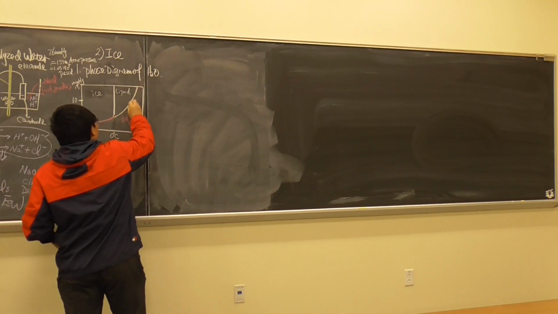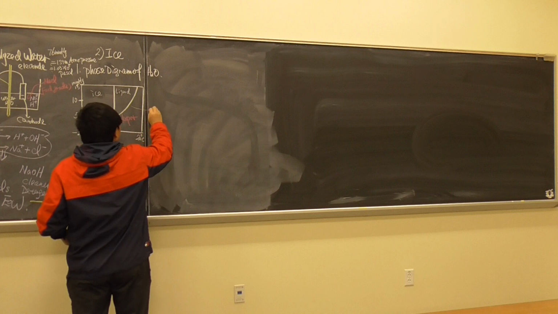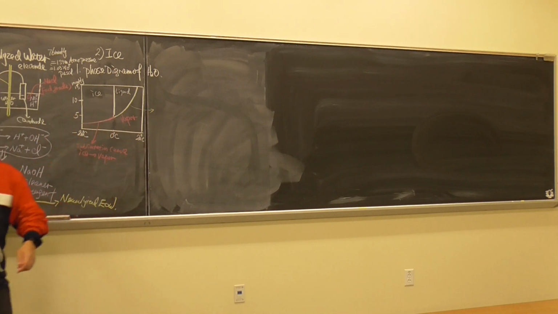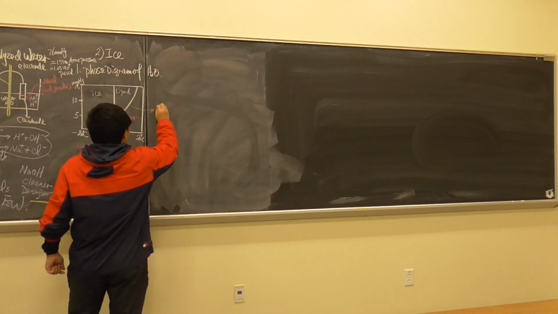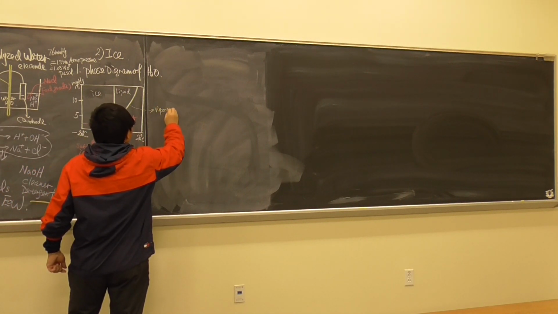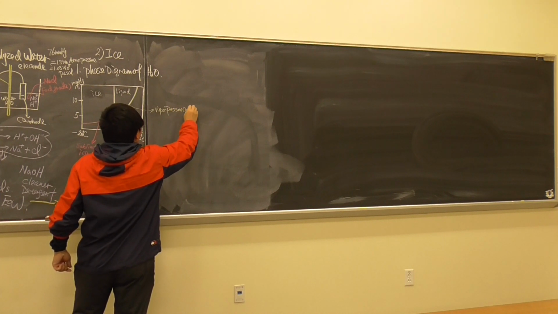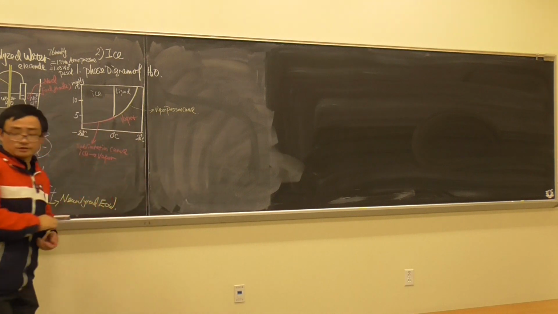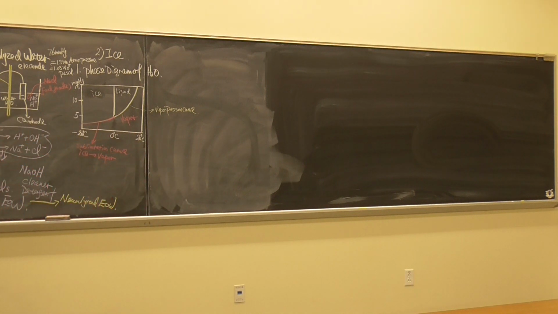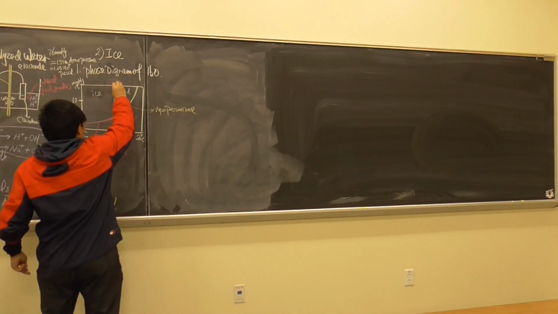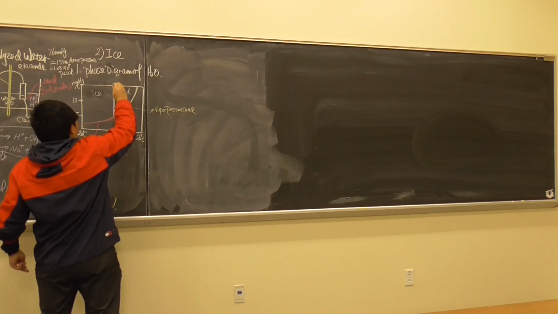What does this curve look like? That curve we call the vapor pressure curve. What does the straight curve look like? This is easy. Melting curve.